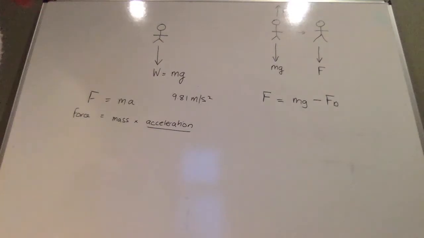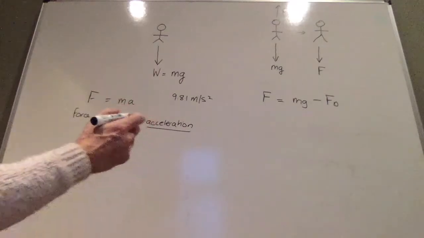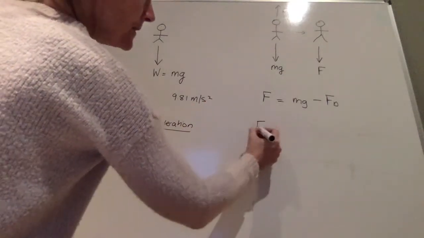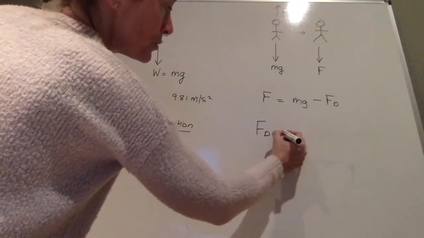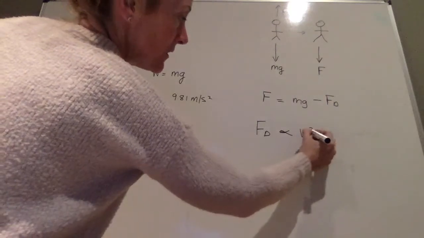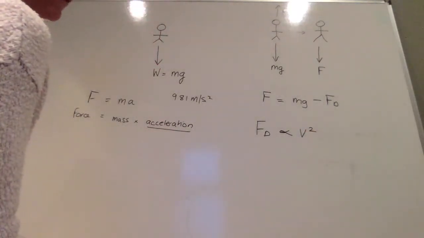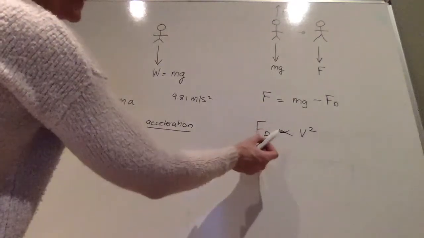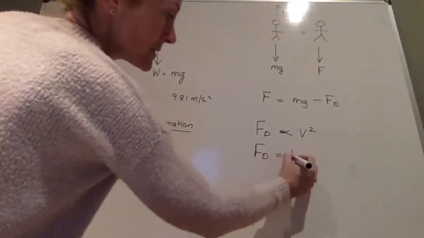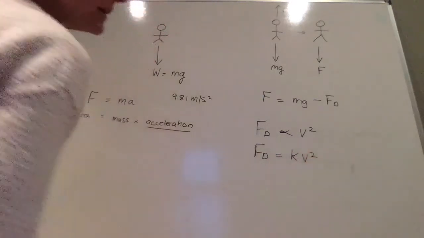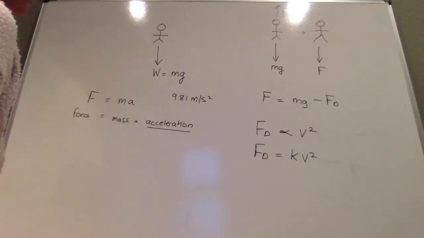So the downward force on a falling body is mg minus the drag force. Another important fact is that the drag force, in the case of a parachute in particular, is proportional to the velocity of the object squared. That means that Fd, the drag force, is equal to some constant times v squared. And that's an important point to note.